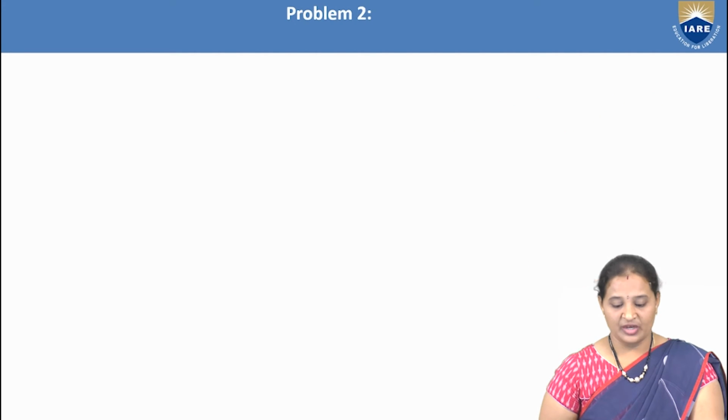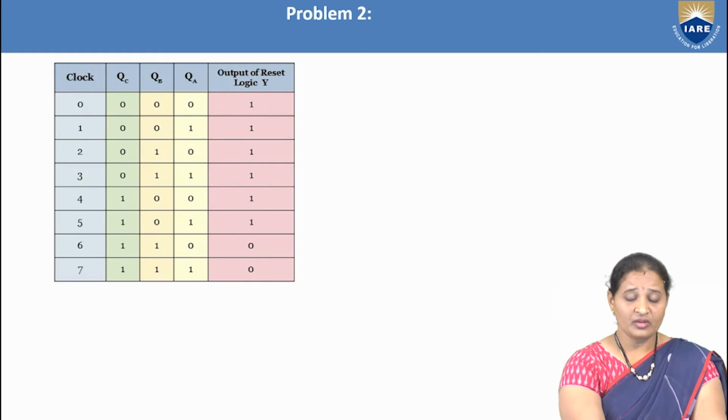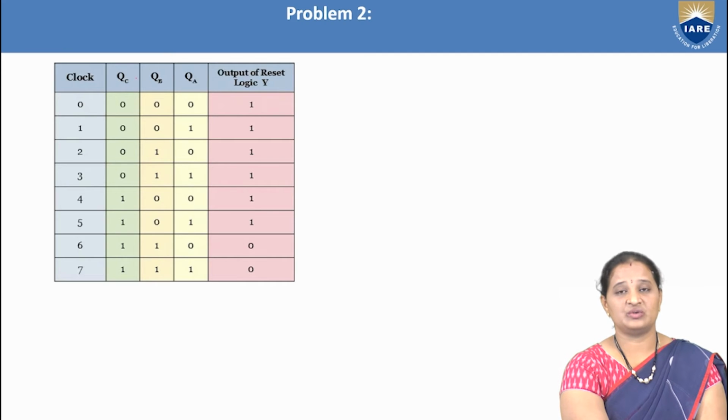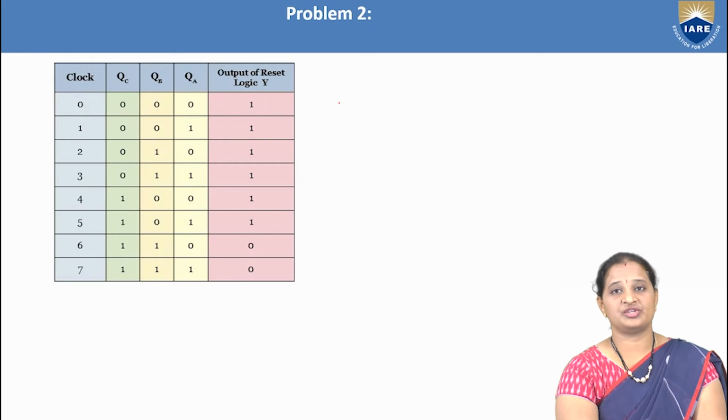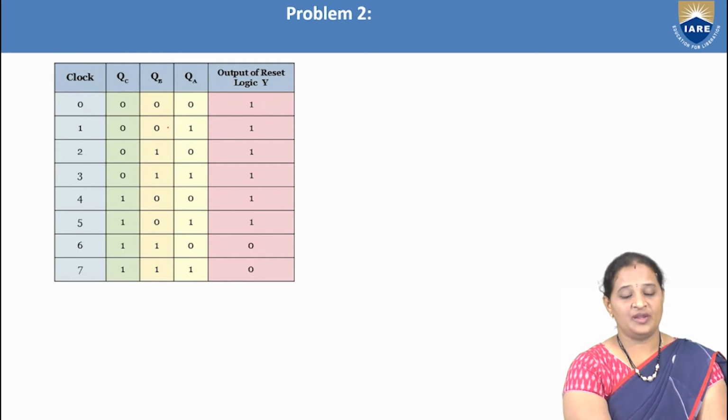Next we need to draw the truth table. For the mod 6 counter, as we require 3 flip-flops here, we have taken 3 outputs, that is QC, QB and QA, and I am writing the equation for the reset output, that is Y. Initially the counter is in the 0 state, that is the reset state 000.